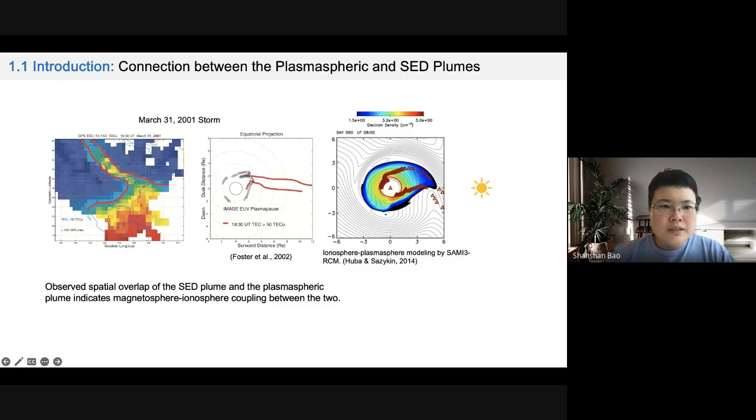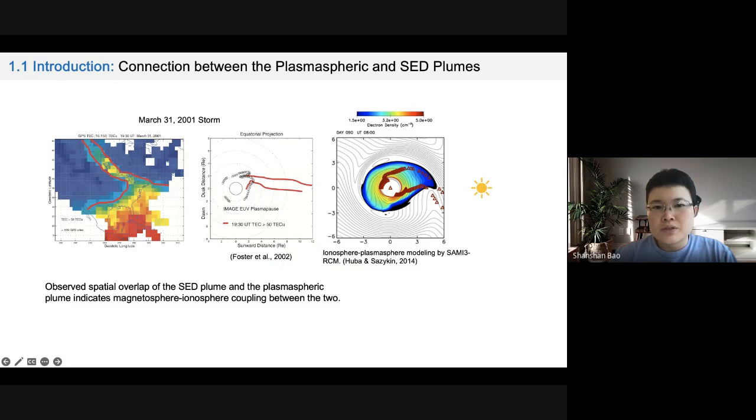first plotted the equatorial plane view of this ionospheric view of the TEC, and he mapped the TEC contour at 50 TECU to the equatorial plane, and he plotted this plasmapause location using the EUV image.